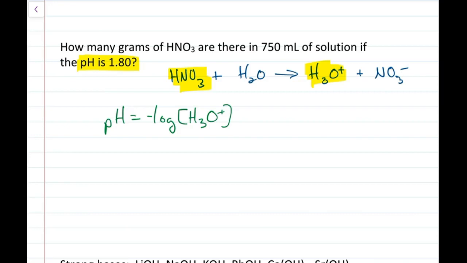Okay, so we were also given this equation, right? 10 to the negative pH equals hydronium. So go ahead and do that. Take 10 to the negative 1.80 and see what you get.